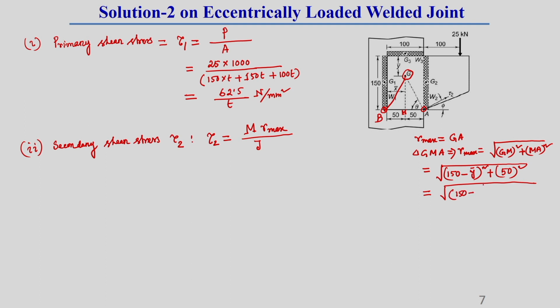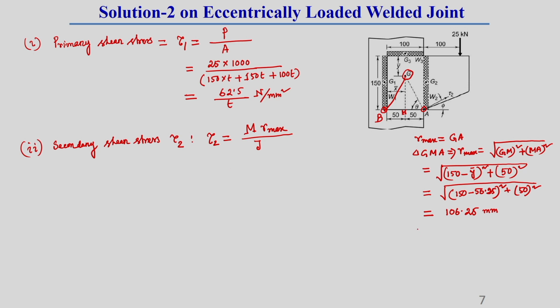150 minus y bar, how much? Y bar is given, that is 56.25, which I have already calculated in the previous slide. So, here we are getting R max equal to 106.25 millimeter. So, R max is known to us, M is also known to us.